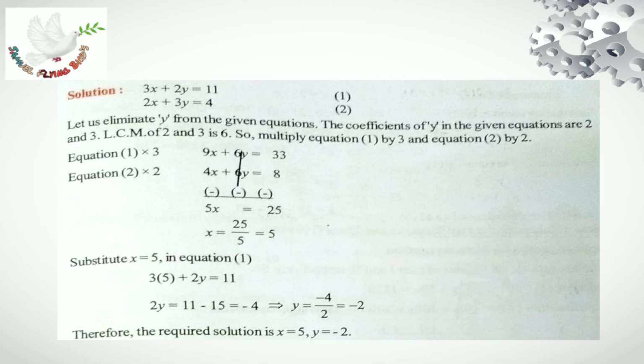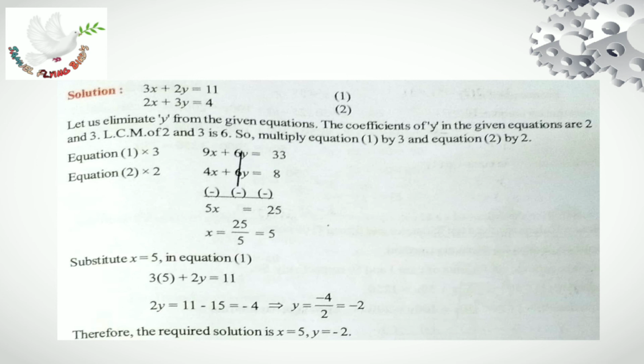Let us eliminate y from the given equations. The coefficients of y in the given equations are 2 and 3. So the LCM of 2 and 3 is 6. We need to multiply equation 1 by 3 and equation 2 by 2.